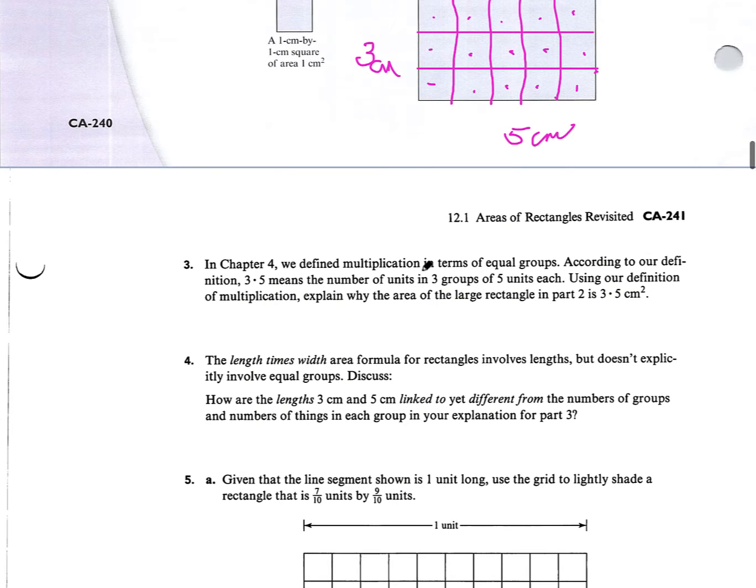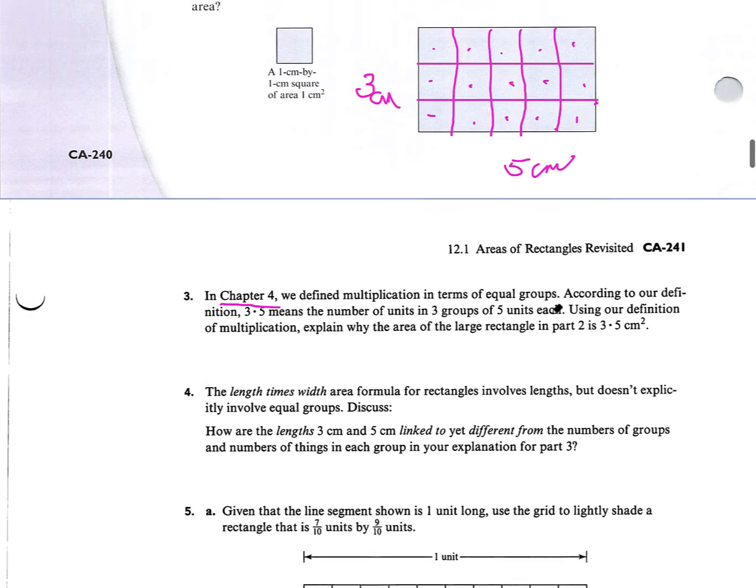So we defined multiplication in chapter 4, so back in 1110, in terms of equal groups.